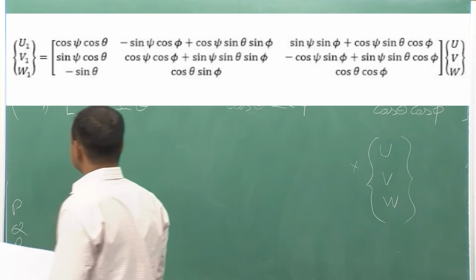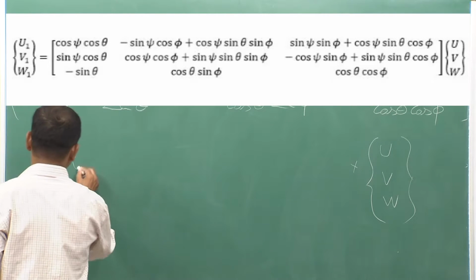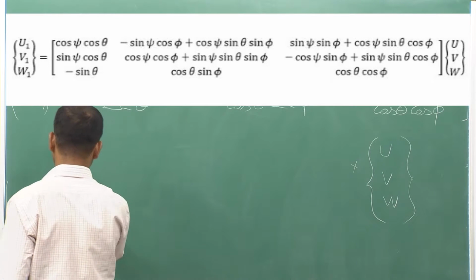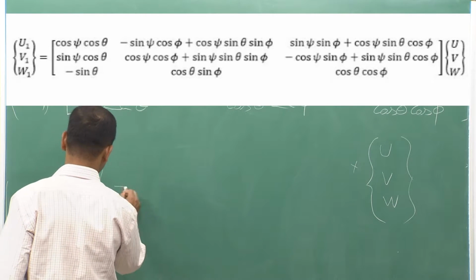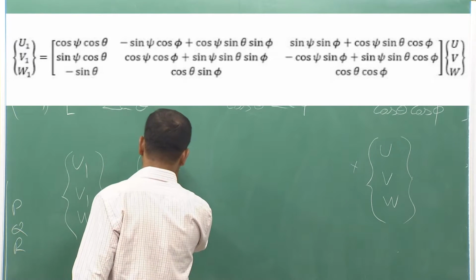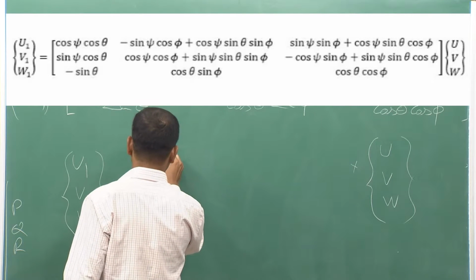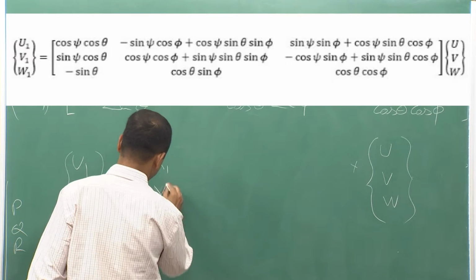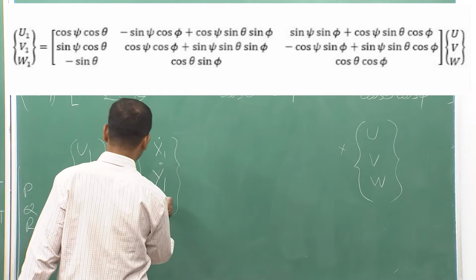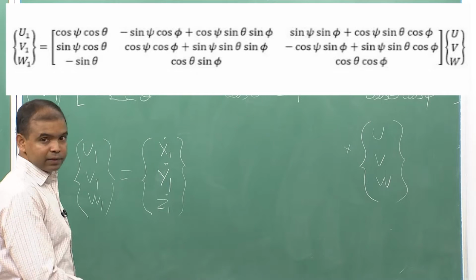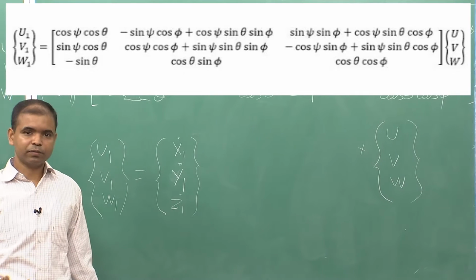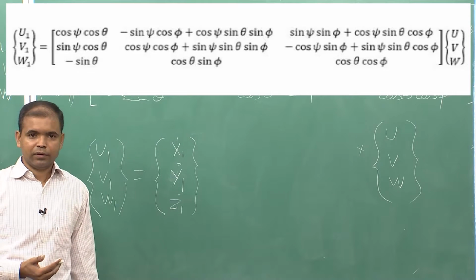You can write U1, V1, W1 as x1 dot, y1 dot and z1 dot. So, from here we can find the x1, y1 and z1, and this will ultimately give us the trajectory of the aircraft in the inertial frame.